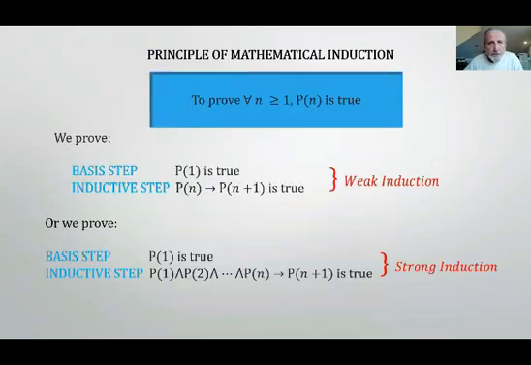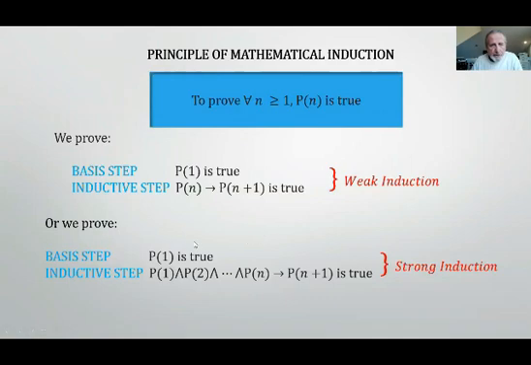So the principle of mathematical induction: to prove for all n greater or equal than 1 that Pn is true, you can prove P1 to be true and then prove Pn implies Pn plus 1 is true. That's what we have done in part 1 and part 2 of this series. This is sometimes referred to as weak induction.